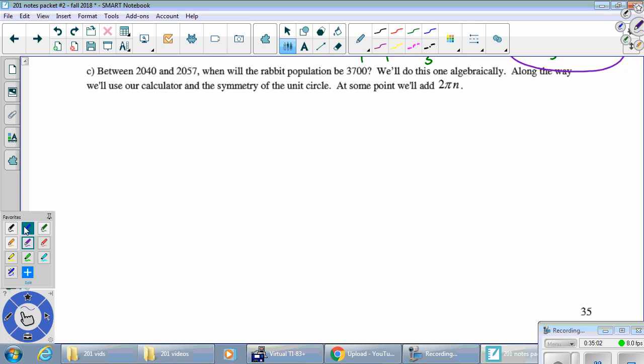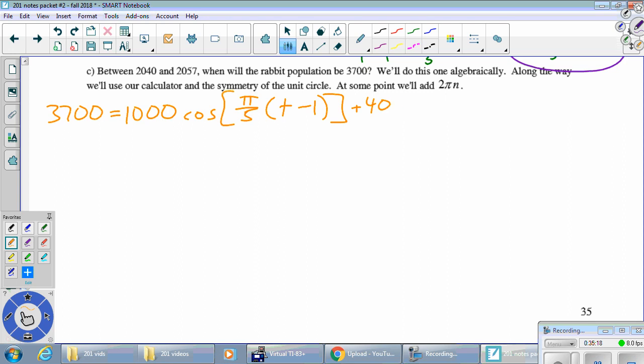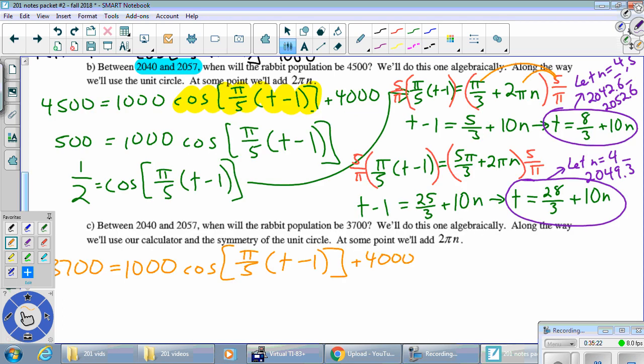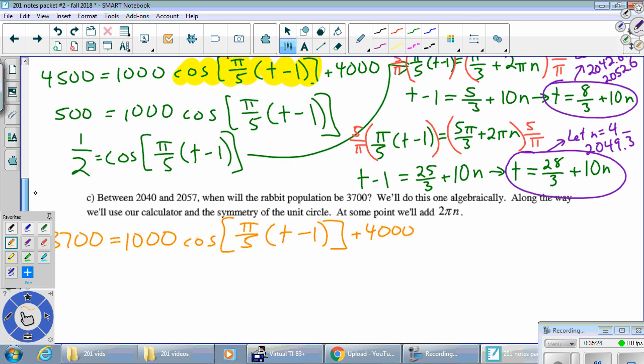Okay, so we'll copy our equation. 3,700 equals 1,000 cosine pi over 5 t minus 1 in parentheses plus 4,000. Let's make sure we've got that right. That looks good.